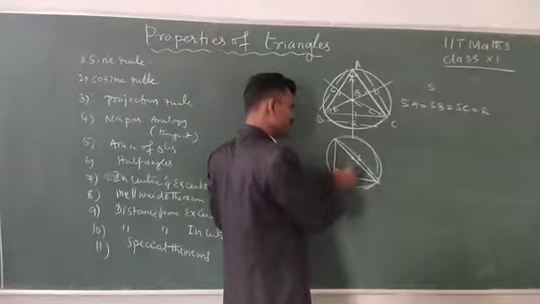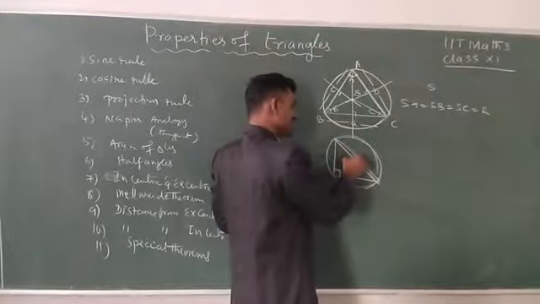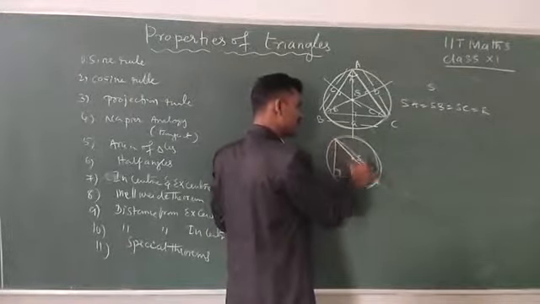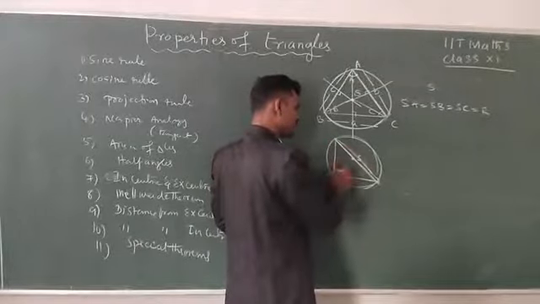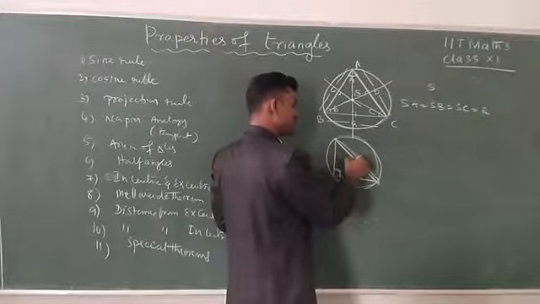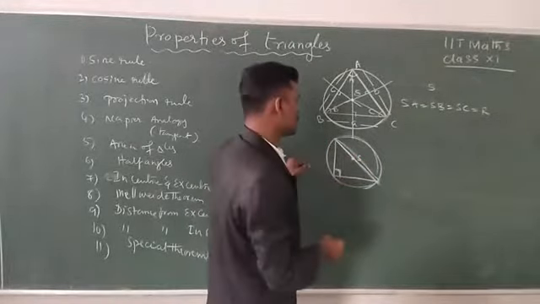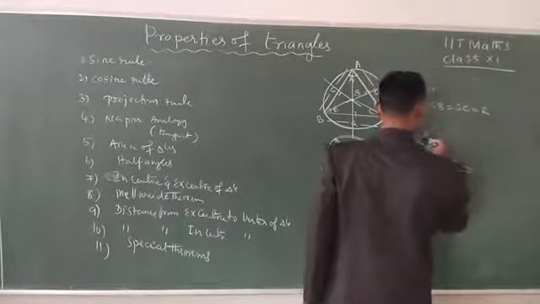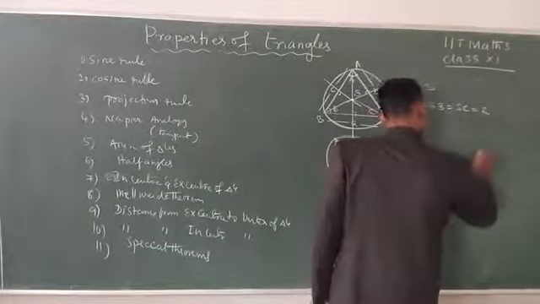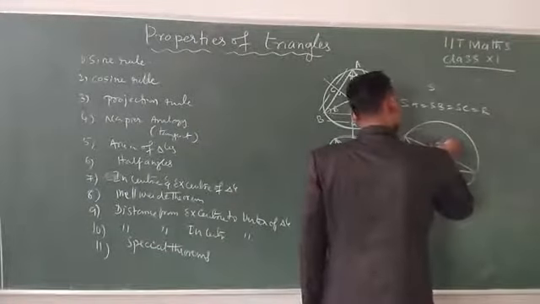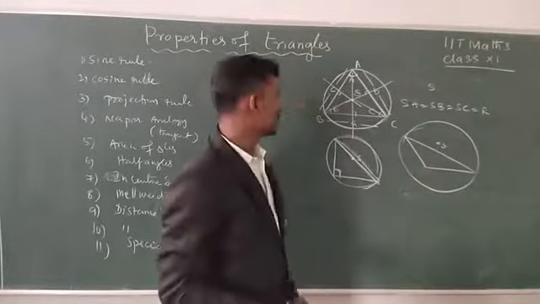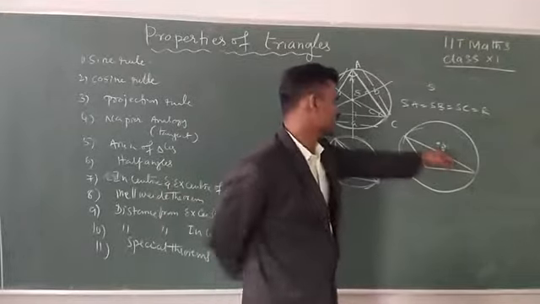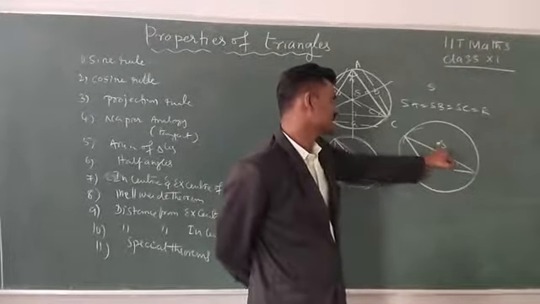This is a semicircle, this angle is 90 degrees, so its center lies on the midpoint of the hypotenuse. Suppose this triangle is an obtuse triangle, then the circumcenter lies outside of the triangle.